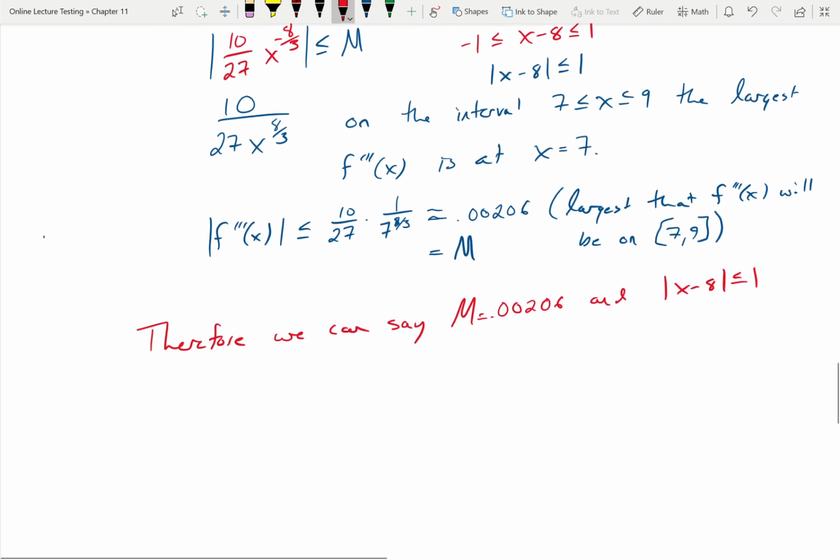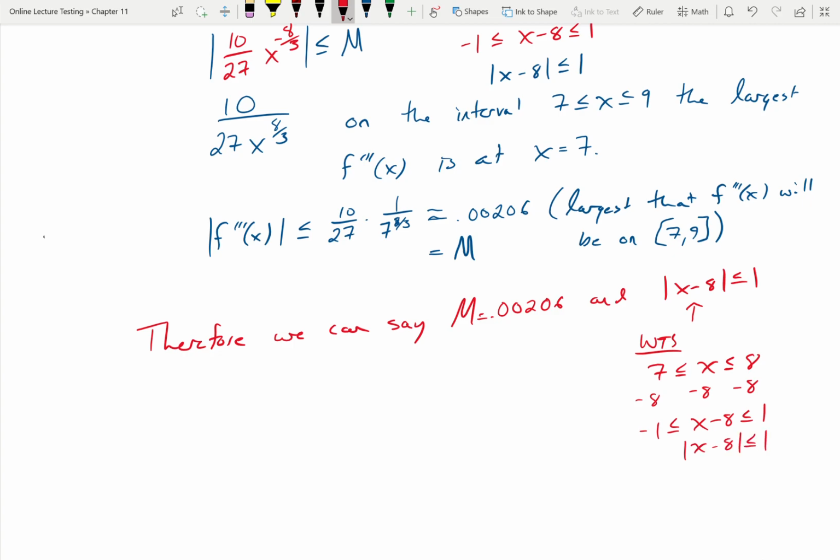That's where this is coming from. Again, work to the side to show where this is coming from: 7 is less than or equal to x, which is less than or equal to 8. I subtract all the way through by the center. Negative 1 is less than or equal to x minus 8, which is less than or equal to 1. Property of absolute value.